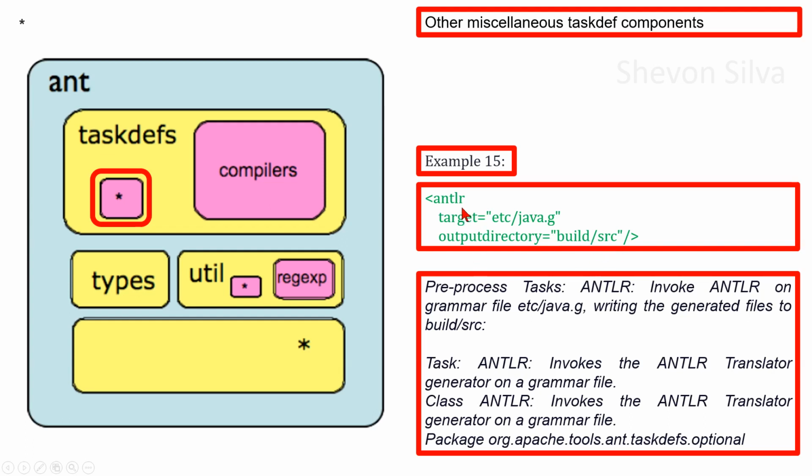The task ANTLR invokes the ANTLR translator generator on a grammar file. With regard to API, class ANTLR invokes the ANTLR translator on a grammar file. This is in the package org.apache.tools.ant.taskdefs.optional.